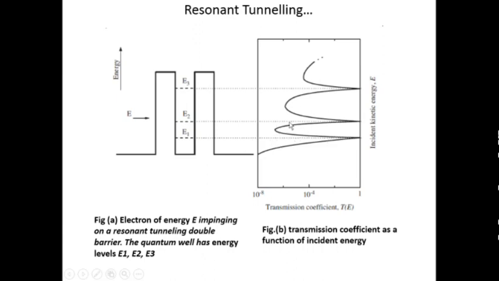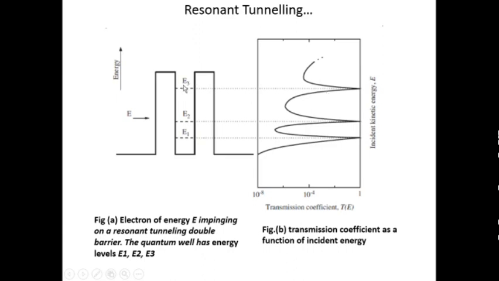But here, we can see the resonant peaks occurring during the resonant tunneling conditions. We can see that at each energy level, the width of the tunneling peaks is different. For E1, this is the width of the tunneling peak. And when the energy increases to E2, or at higher levels of energy, the resonant tunneling peak widens.